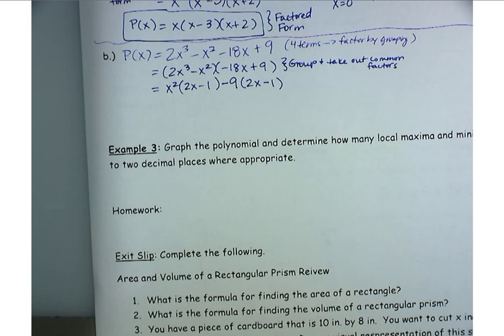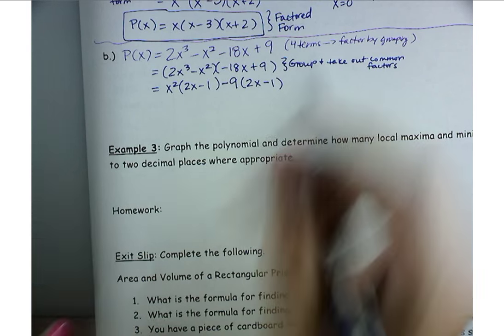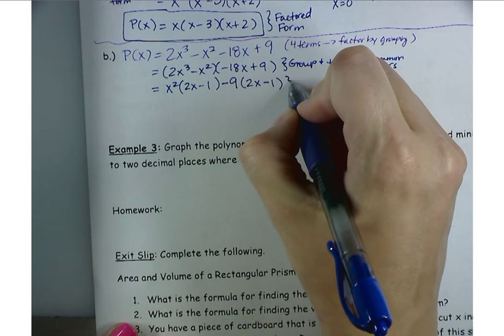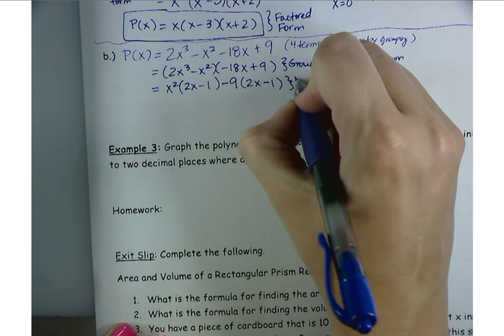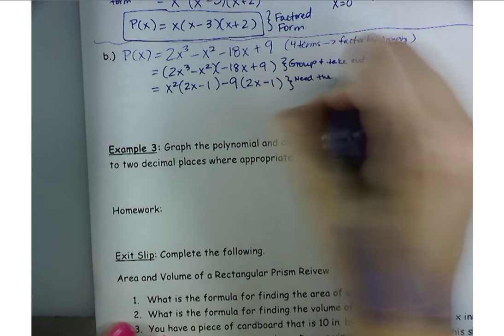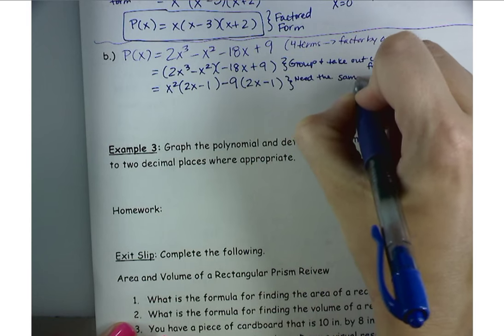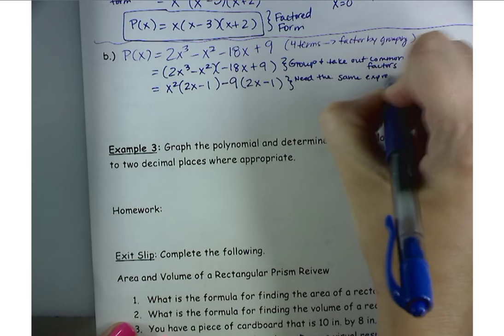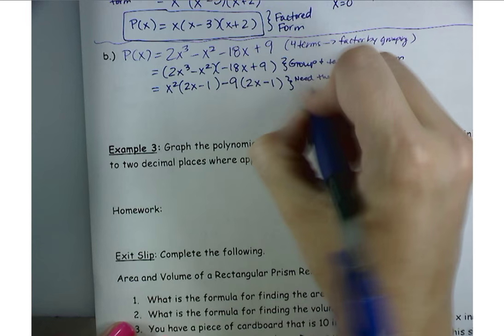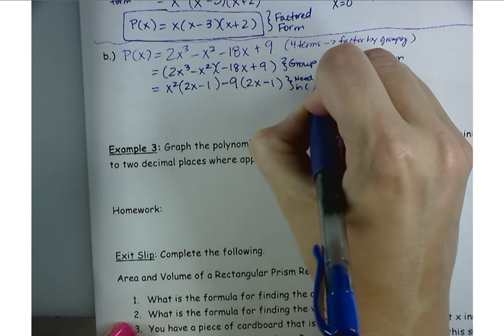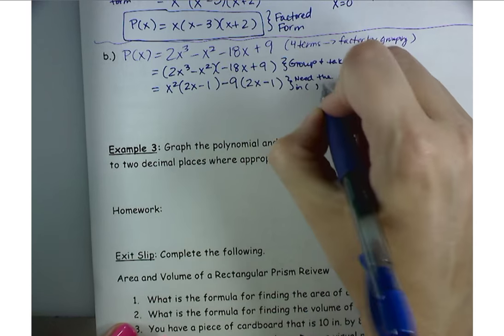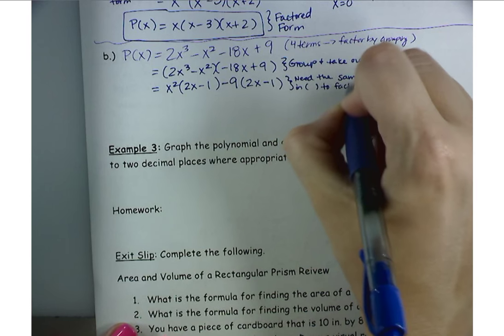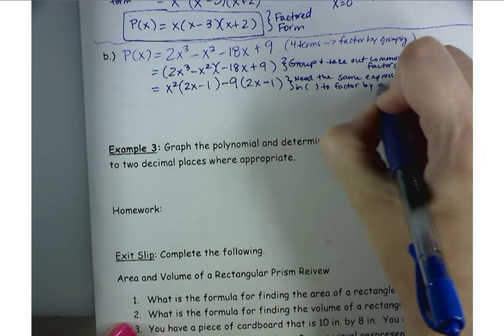You can only do the factor by grouping if you have the same expression in the parentheses. Okay, so you need the same expression in the parentheses to factor by grouping.